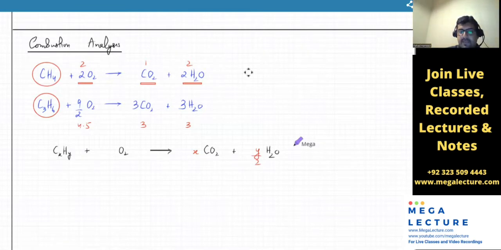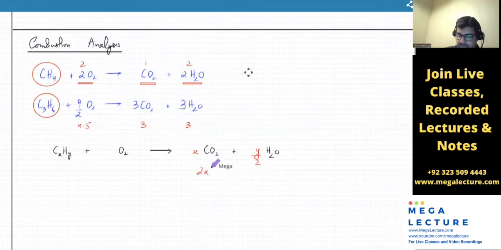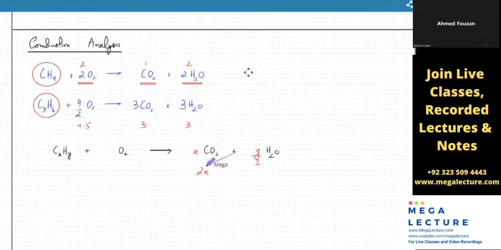Now coming back to oxygen. Balancing oxygen would be hard, right? So how many total oxygens do I have on the right side? If you have 3 carbon dioxides, how many oxygens do I have? 6, right? You just double it. So over here, I've got 2x oxygens. Let me repeat this.